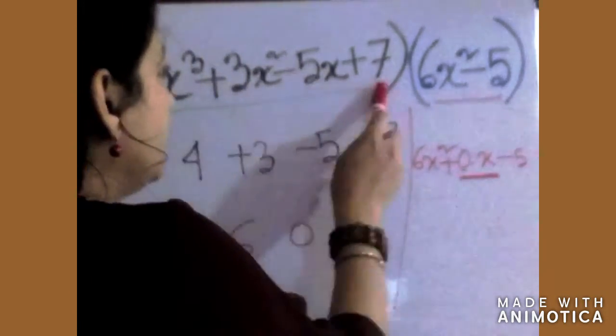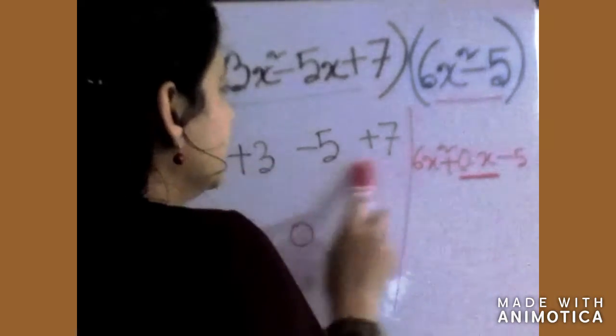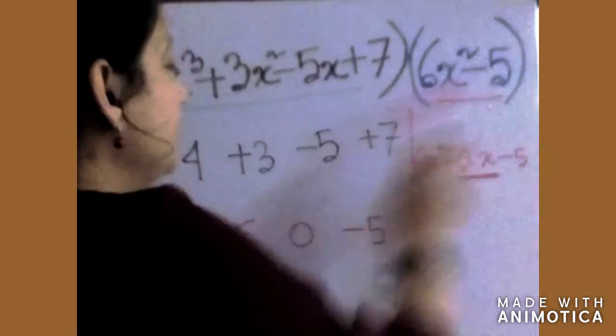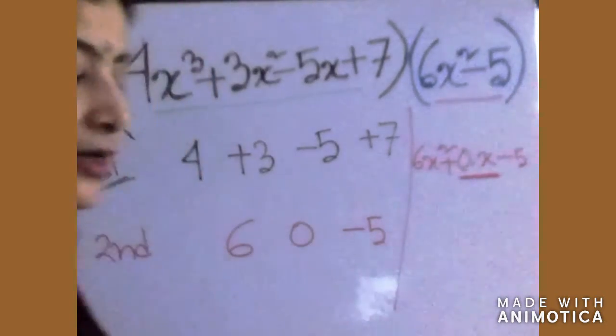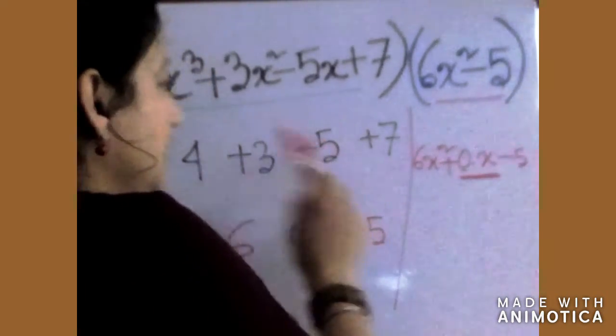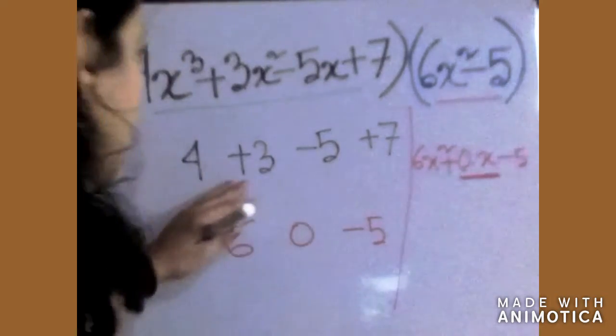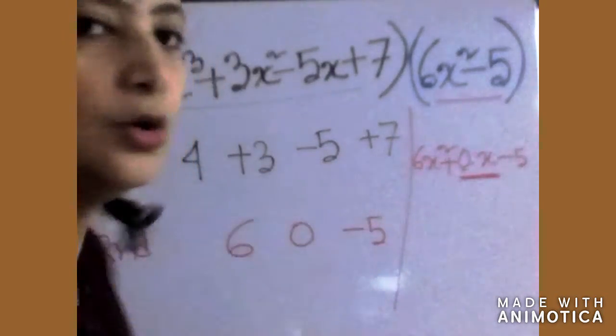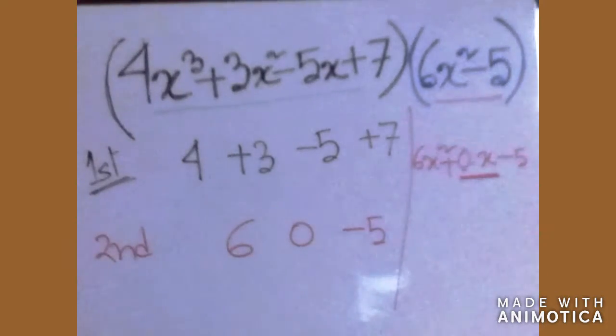So from the first polynomial we get these coefficients, and from the second polynomial we get these coefficients. Now we will find the product of these two sets of coefficients. How? See.